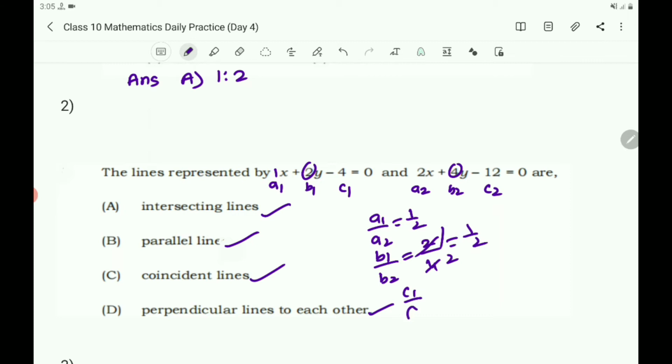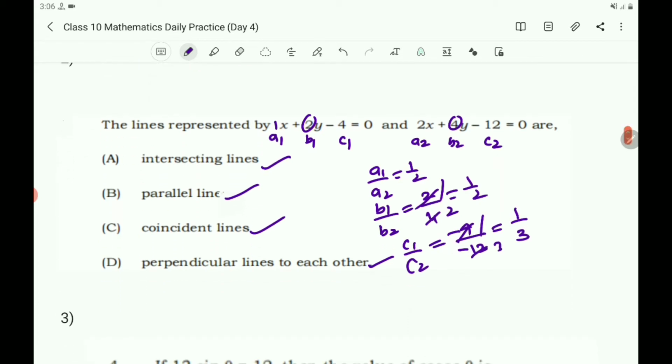Then c1 by c2. c1 is minus 4 and c2 is minus 12. Then you will get 1 by 3. Here the relation you got: a1 by a2 equals b1 by b2 not equal to c1 by c2.